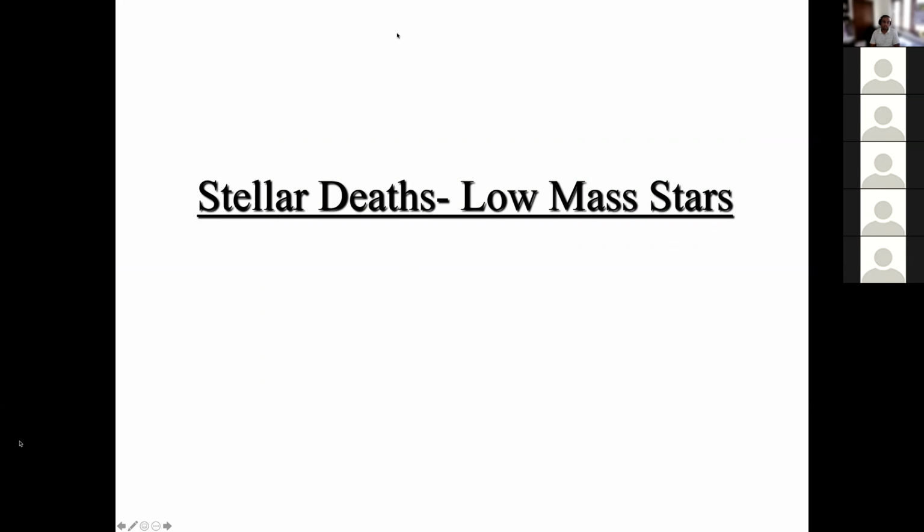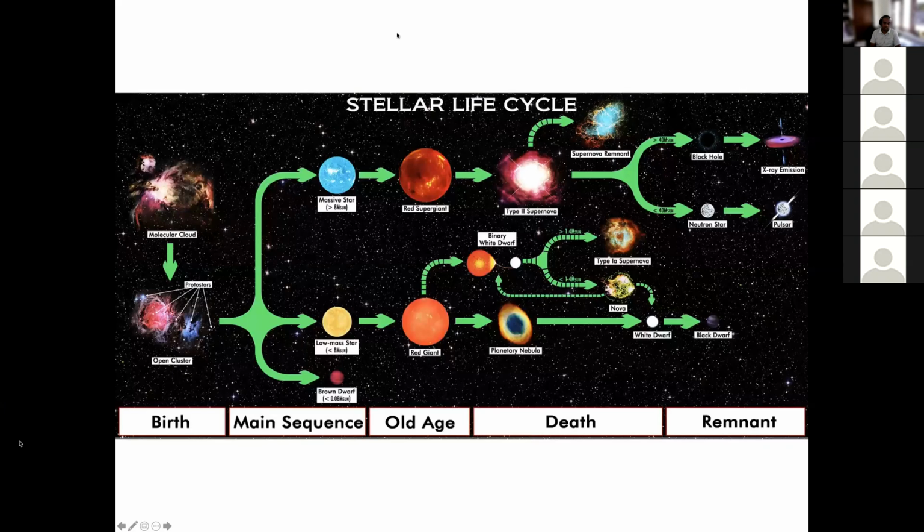Now this is what happens to these low mass stars after the red giant phase. Each time I am teaching, I have this particular diagram right here, which makes it easy for you to understand where I am and what I am talking about. Basically, we have finished talking about brown dwarfs.